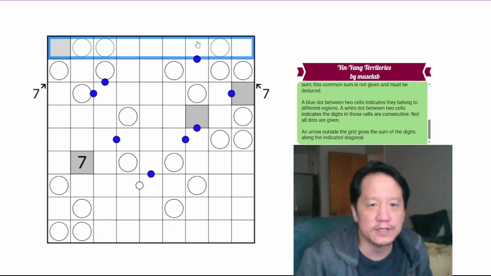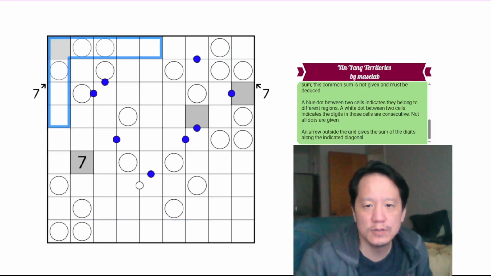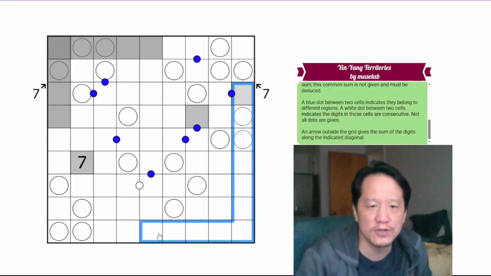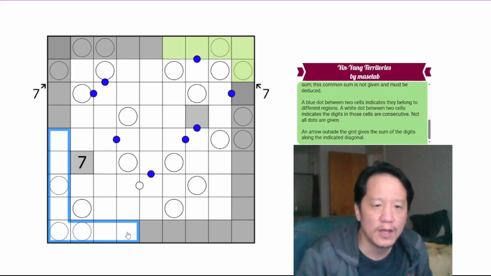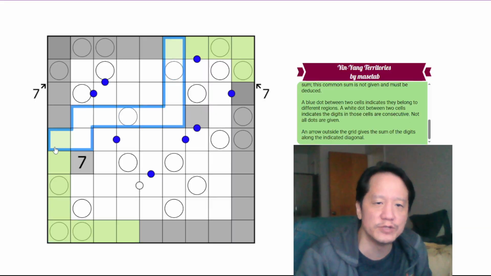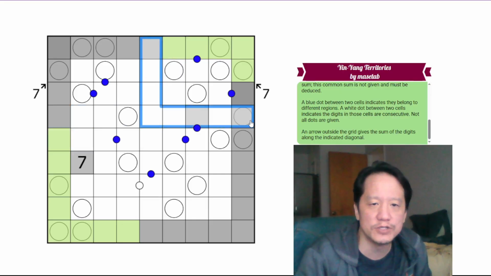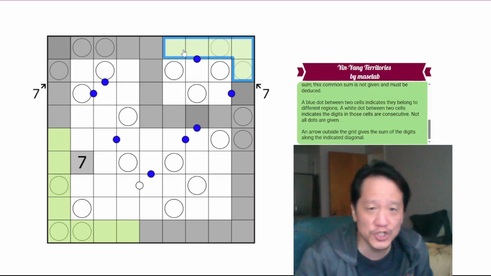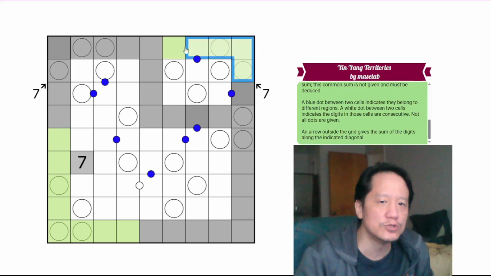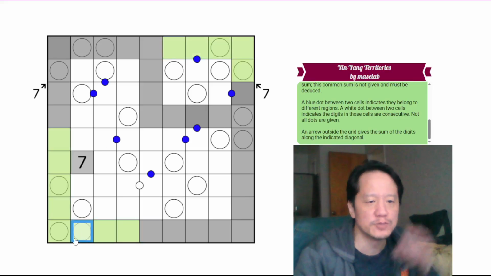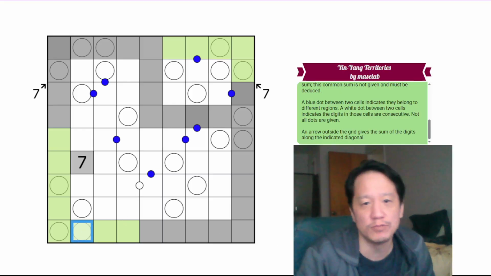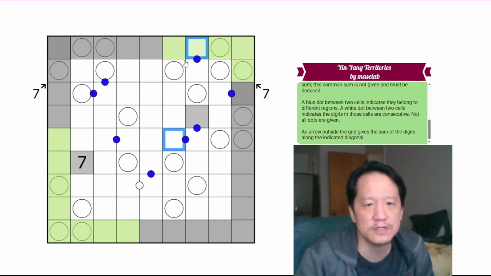The reason is, if you tried to shade here, and then shade here, and then you had these sections being unshaded, how do you orthogonally connect the unshaded regions and the shaded regions? To try to connect the shaded regions orthogonally would necessarily break the unshaded regions into two separate regions, which is not allowed. It's supposed to be one singular unshaded region. And it's the same if you try to make the shaded regions connect.